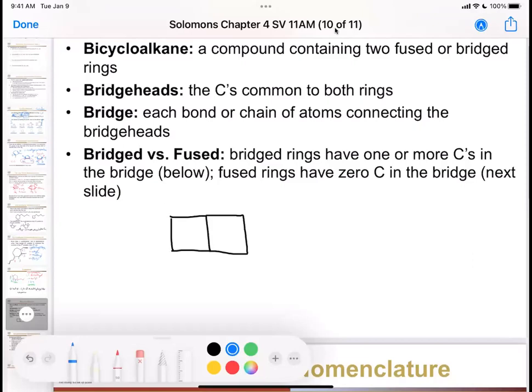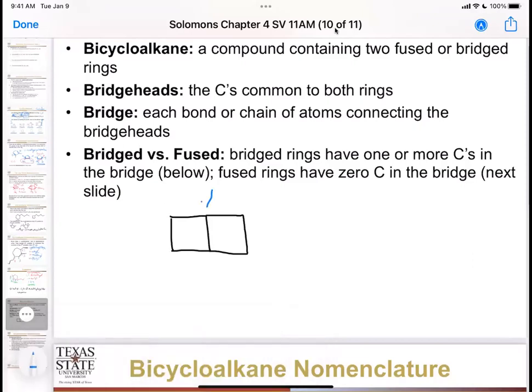So the first part I want to do is the bridgehead carbons. Bridgehead carbons are defined as the ones that are common to both rings. Notice these two carbons out here are independent of these two carbons. Only those ones in the middle are associated with both rings, okay? So those are bridgehead carbons, okay?